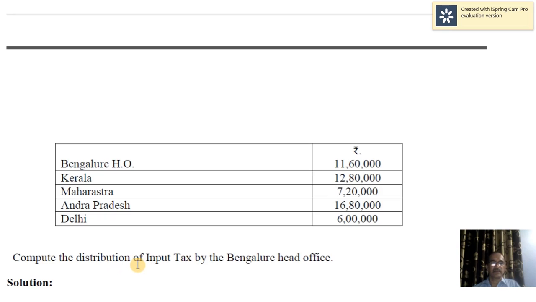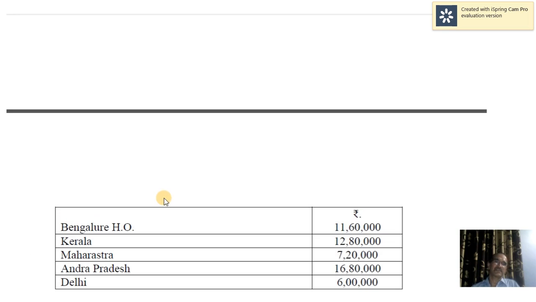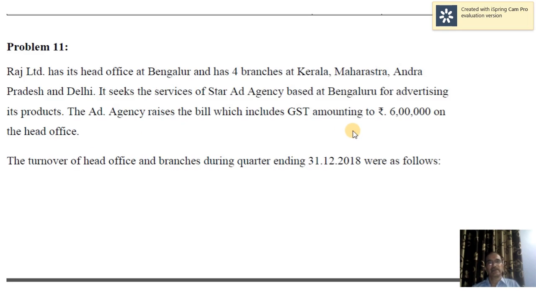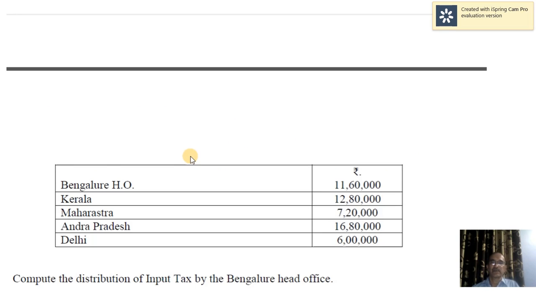So the amounts are stated against these offices. Compute the distribution of input tax by the Bangalore head office. Here Bangalore head office is considered to be the input tax distributor. Though the bill is raised on Bangalore head office, services are rendered to all these branches. Therefore, the input tax credit has to be distributed among these offices.